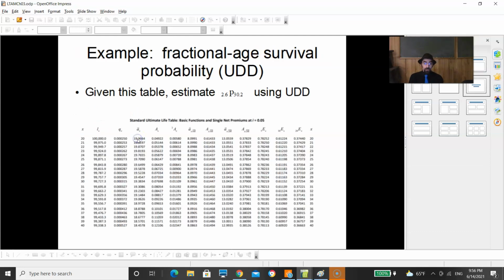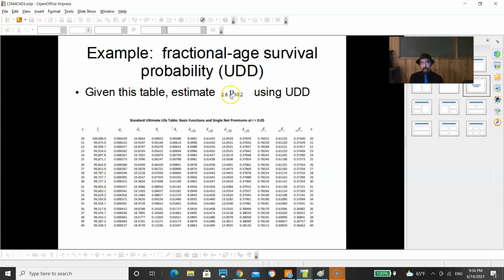So as an example, what if I had to estimate 2.6p 30.2 using UDD? UDD being uniform distribution of deaths. I say, I'm starting with someone who's age 30.2, so that means I take 20% of age 31 and 80% of age 30, and average those together.